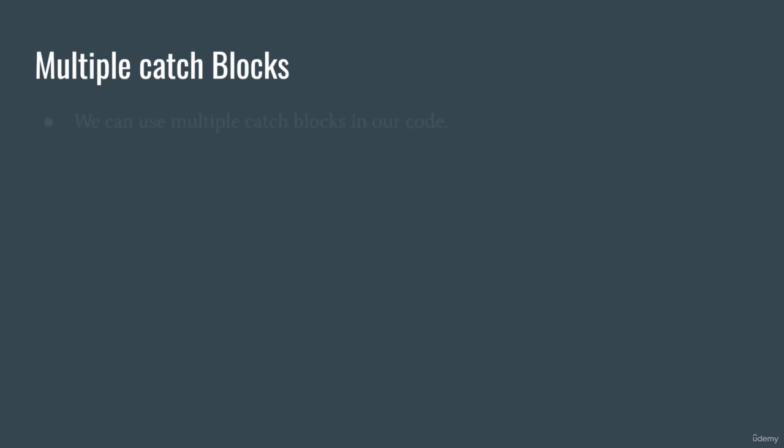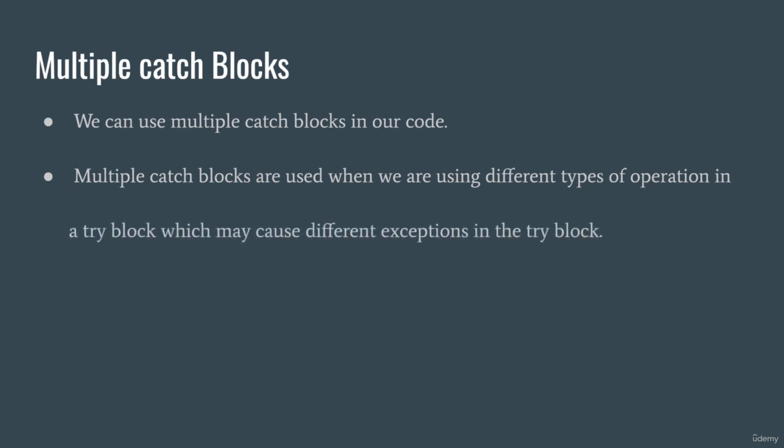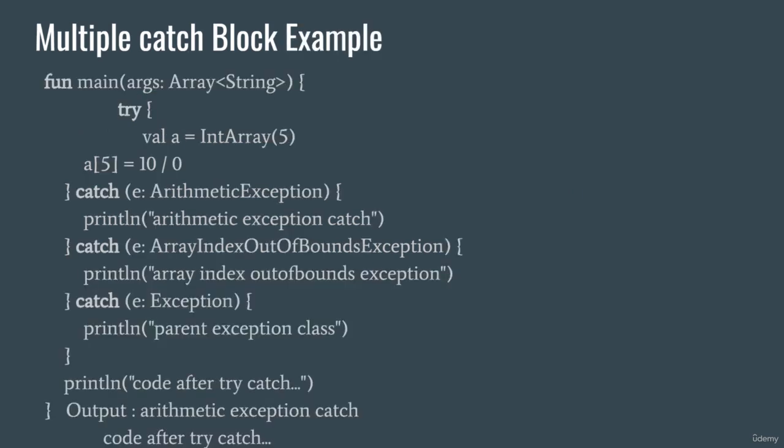Then we can have multiple catch blocks. So we can use multiple catch blocks in our code, and they are used when we can have different types of operation errors in a try block, which may cause different exceptions. So here an example, we have this function where we try to get the value a out of an int array, which has 5 elements in there.